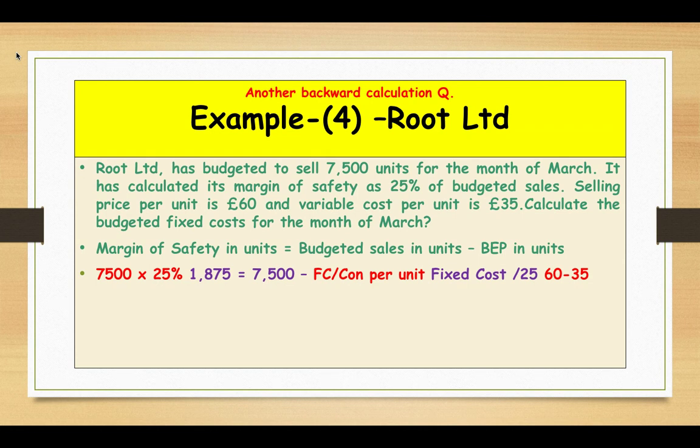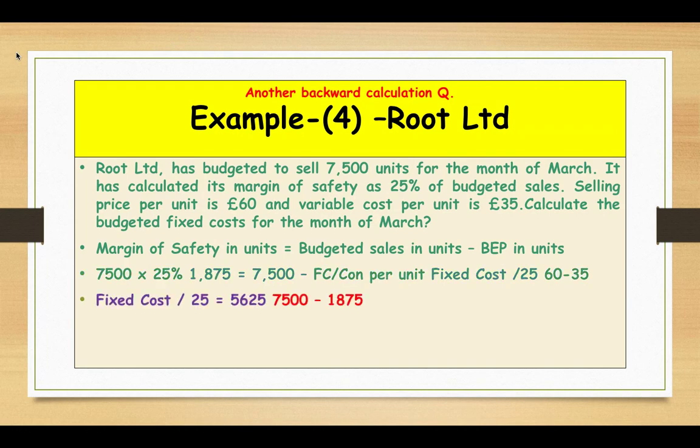We all know the formula to calculate break-even point in units, which is fixed cost divided by the contribution per unit. We don't know the fixed cost, that is the question, but we know the contribution per unit, which is £25, because the selling price is £60, take away the variable cost £35, so the contribution per unit is £25.